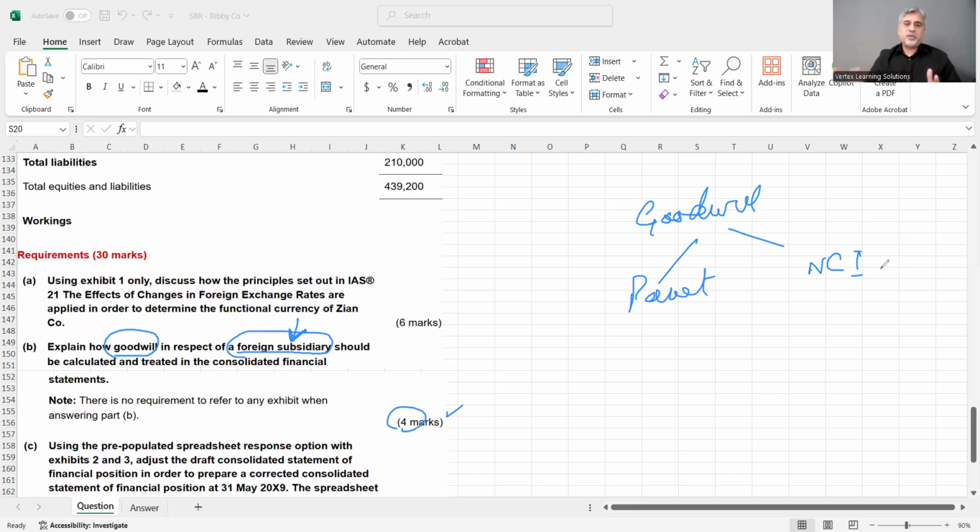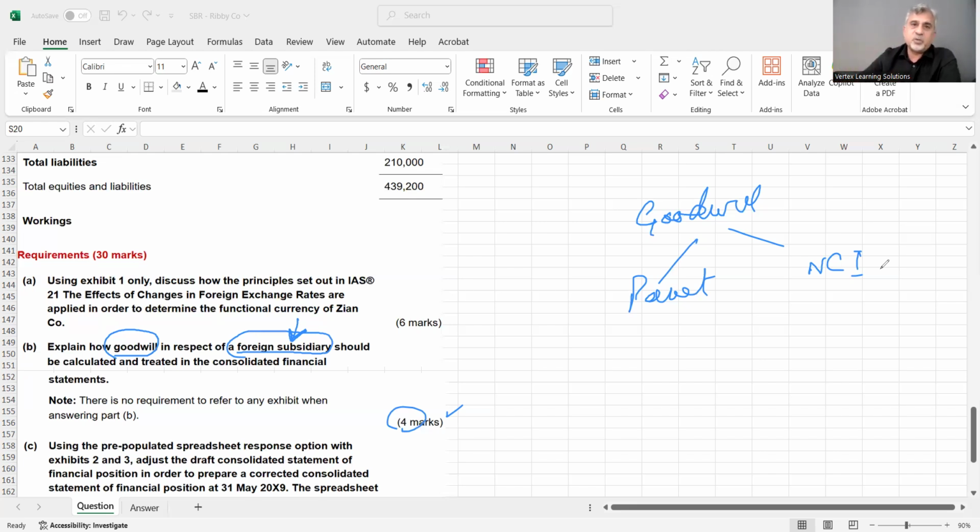This was very important to mention: when you have these exchange differences, whether it is an exchange gain or an exchange loss, who takes it? Very simple. If NCI is measured at the proportion method, NCI has got nothing to do with the goodwill itself, and therefore impairment of goodwill they also don't take.